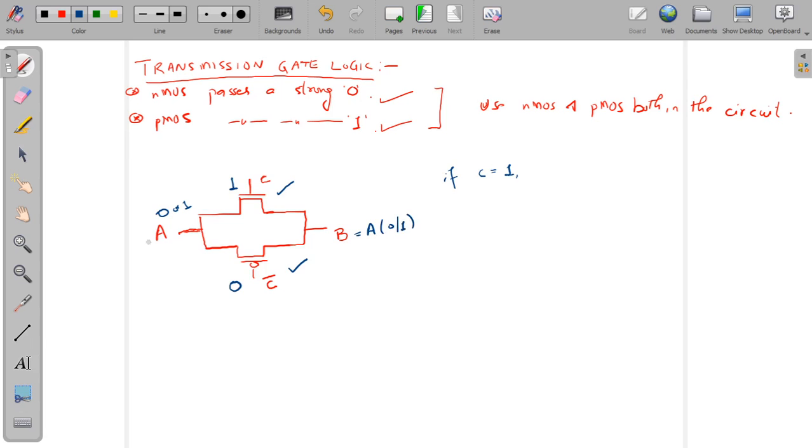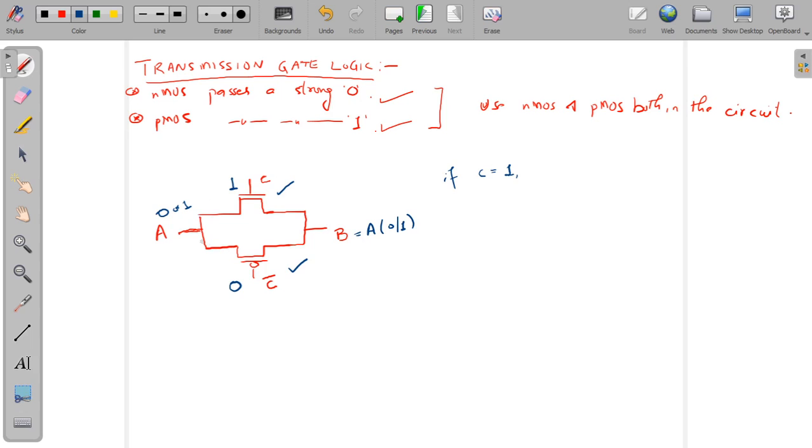So if A is 0, we know that NMOS is good at passing strong 0. So in that case NMOS will be passing that 0 completely to B. And if A is 1, we know that PMOS is good at passing 1.